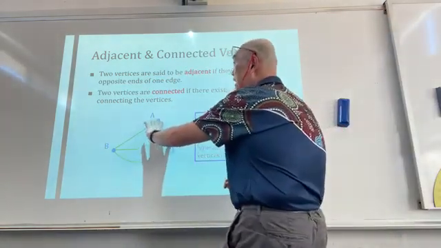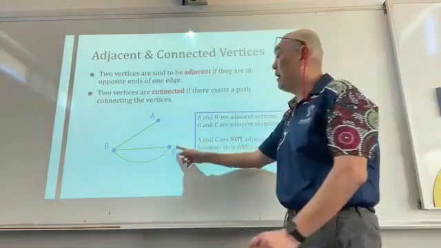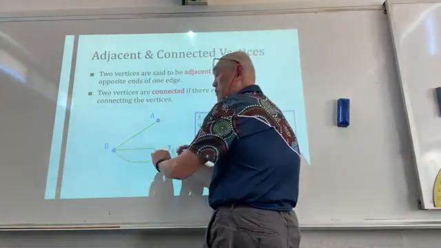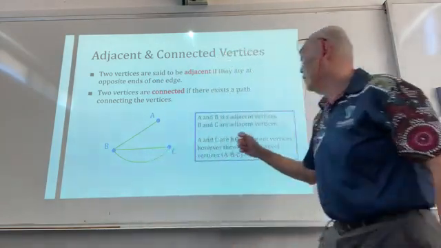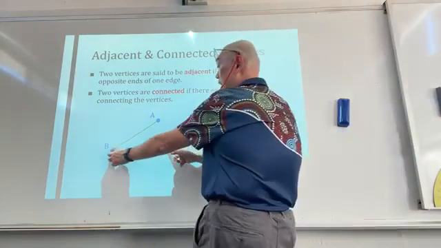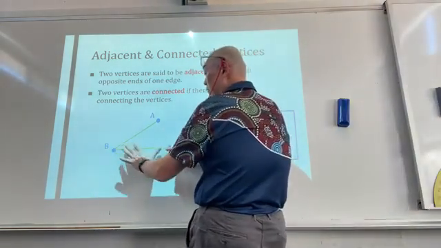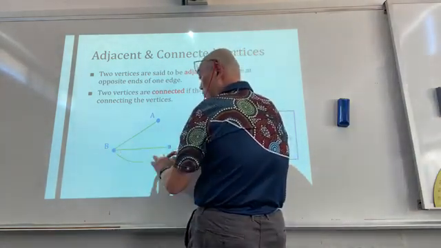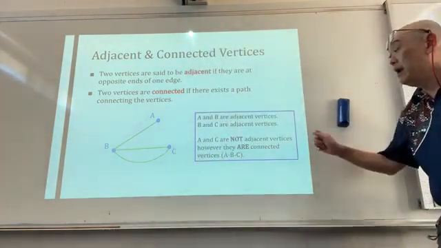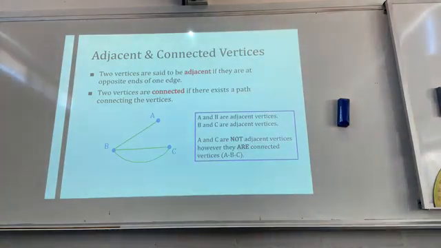So A and C, they are not adjacent, but they are connected because I can go from A to B and B to C. So B and C are adjacent. A and C are not adjacent, but they're connected because you can go from A to B to C.